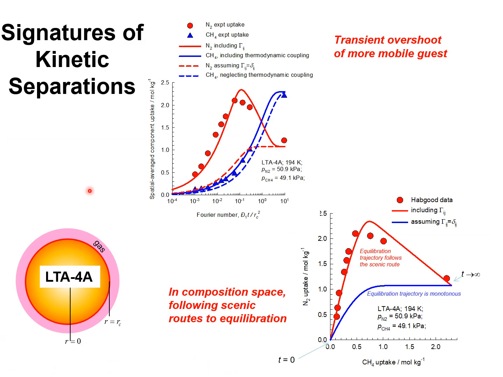But determining the spatial average of the component loadings as presented in the foregoing slide, we can determine the spatially averaged component uptakes for components 1 and 2, nitrogen and methane. The experimental data of Habgood, shown by the blue circles for nitrogen and blue triangles for methane, are compared with the spatially averaged component uptakes from the simulation data.